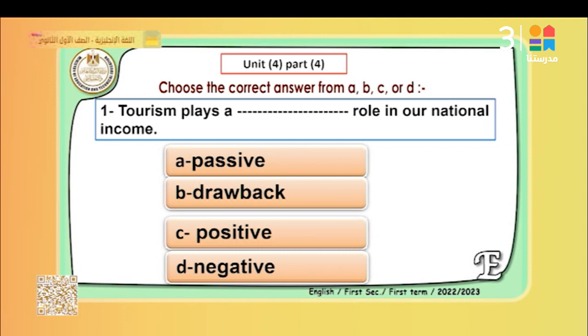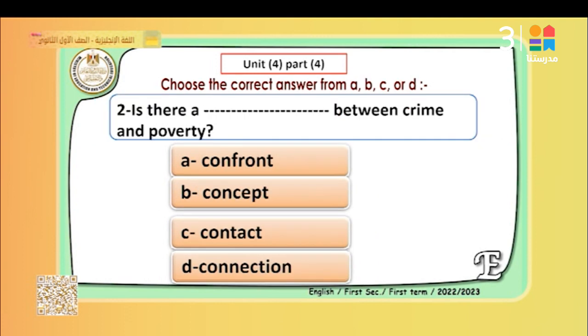Of course, tourism is important for our country, so it plays a good role. So passive is a bad word, something passive. And the negative again, a drawback means disadvantage. So here we have a positive role, دور إيجابي. The opposite is negative role. So tourism plays a positive role in our national income.